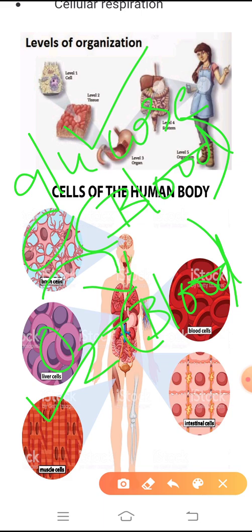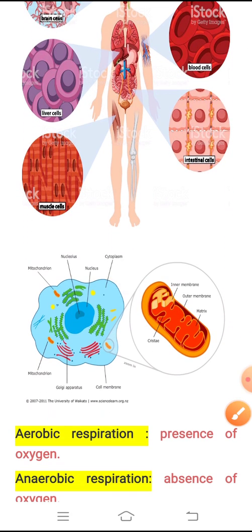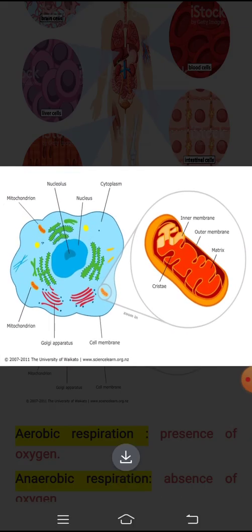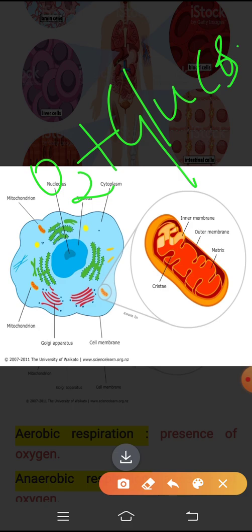So both the oxygen and glucose reach the cells. I have shown you the image of a cell, right? So both the oxygen plus the food, that is the glucose, reach the cell.